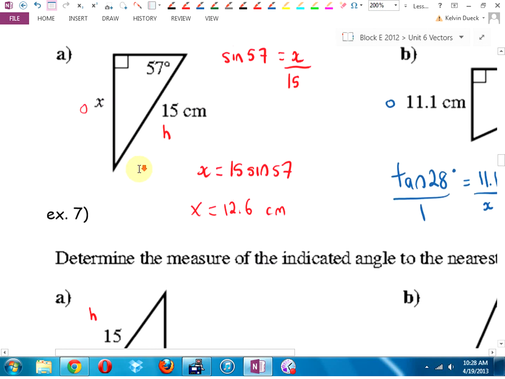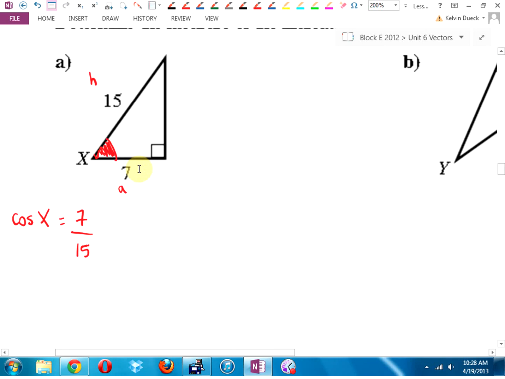So, how do I find an angle? Inverse, second function. How do we write this? Ready? Draw a little arrow. That's the symbol for angle.